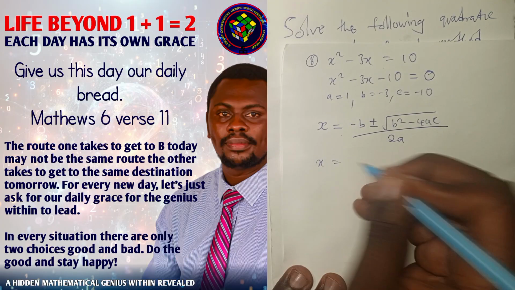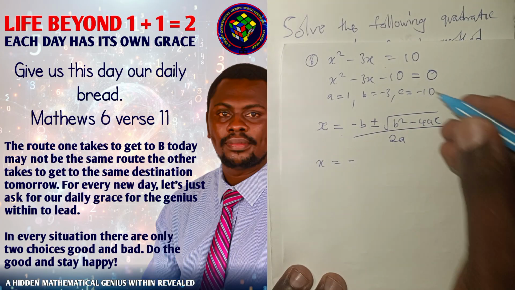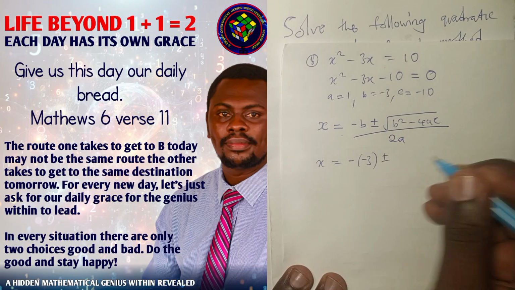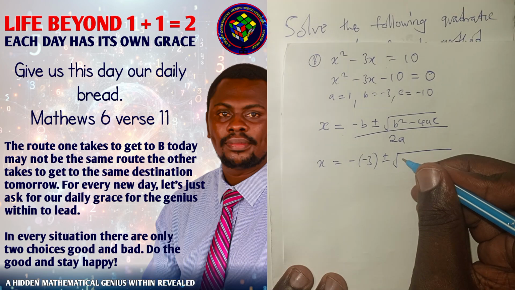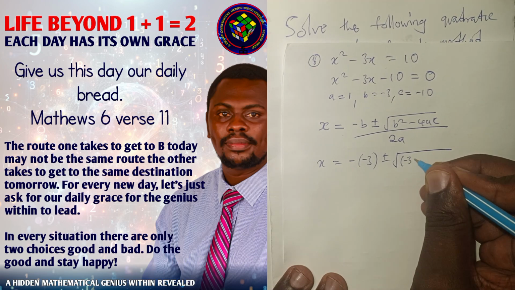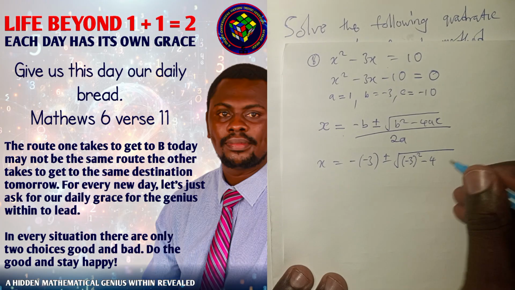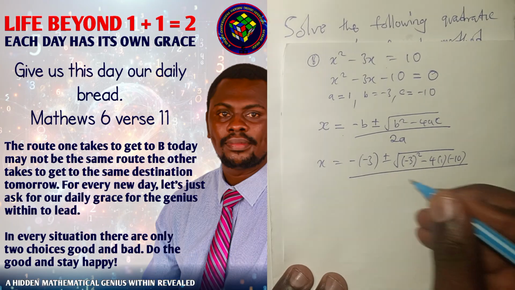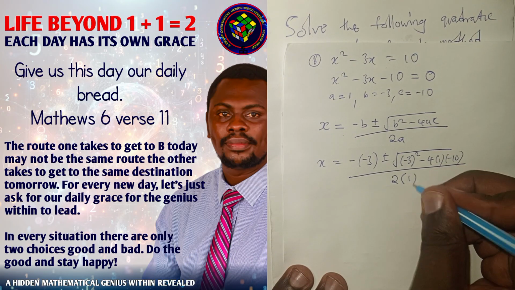Okay, so x is equal to, you substitute: negative, then b is negative 3, so minus 3, then plus or minus the square root of negative 3 in brackets, squared, minus 4, a is 1, and c is minus 10, then all over 2 multiplied by a, which is 1.